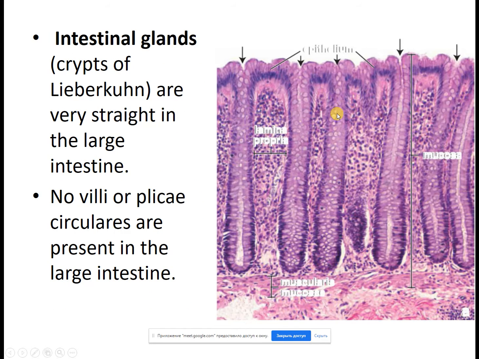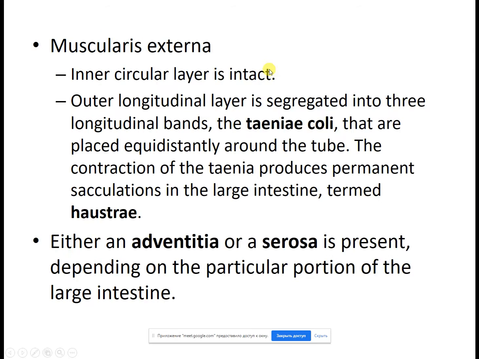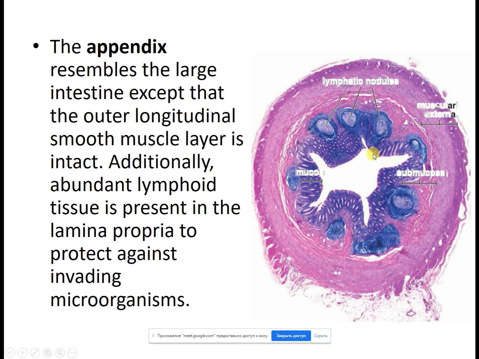In these glands, absorptive cells are present predominantly on the tip, on the epithelium, I mean on the surface which contacts the intestinal contents. But here, we predominantly have goblet cells, which secrete mucus. And here you see the same picture.